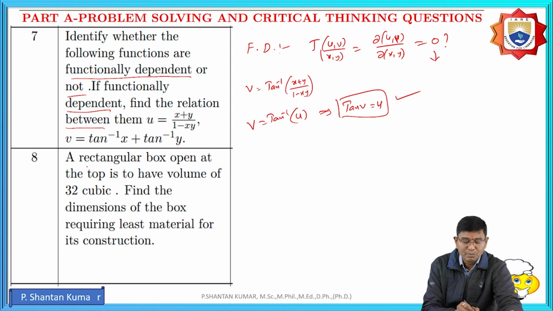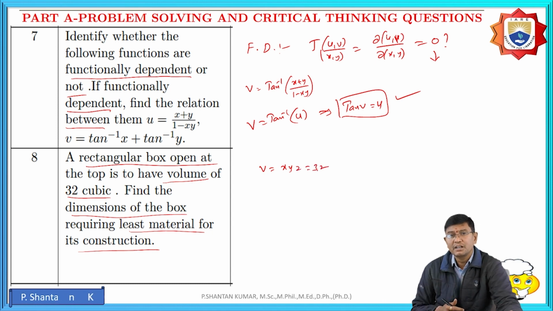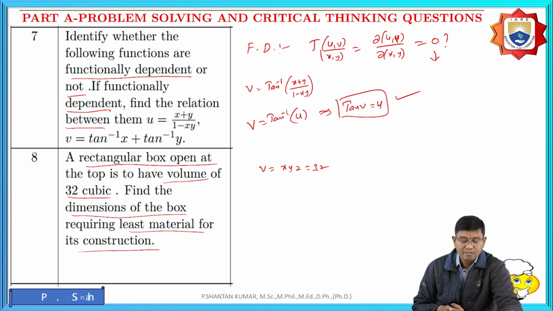When we observe that properly, we can get some idea. A rectangular box open at the top, volume is 32 cubic feet; find the dimensions of the box requiring the least metal for its construction. The volume of the rectangular box is xyz equal to 32.